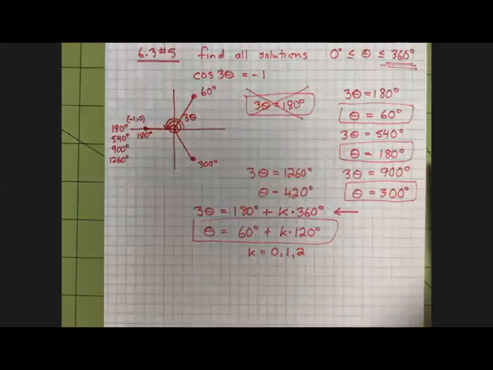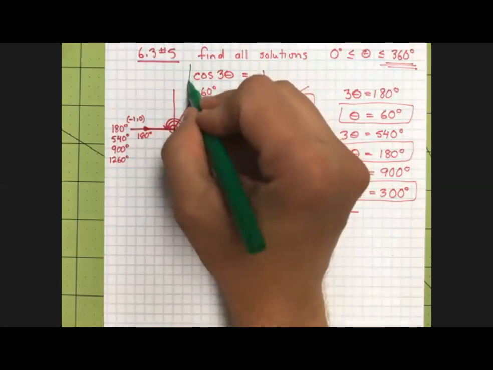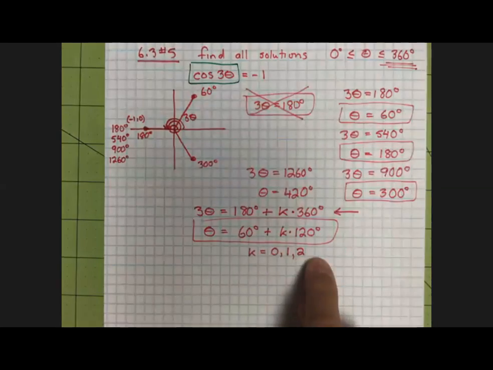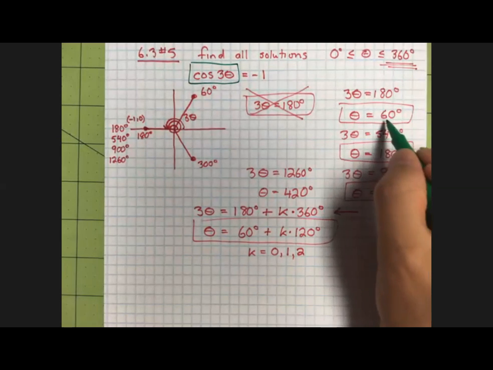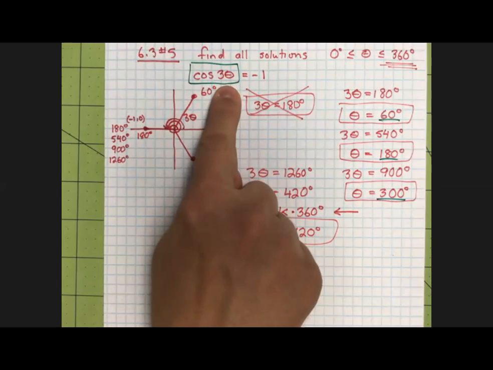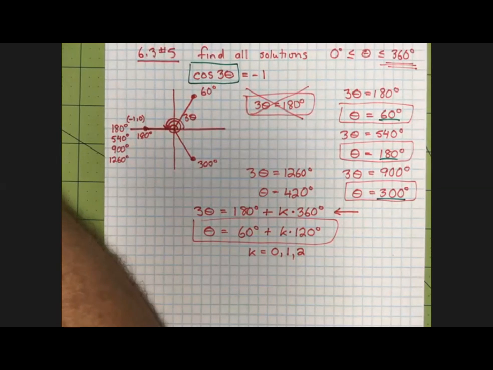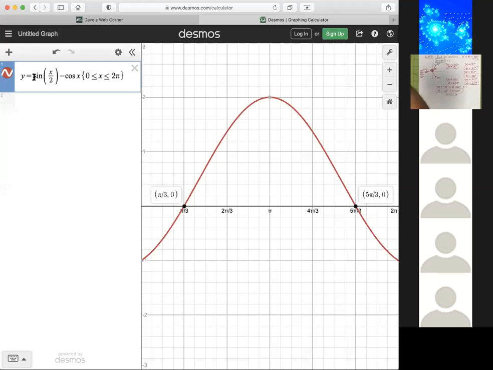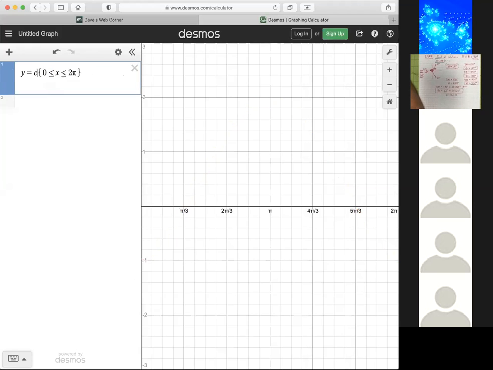Now, I do want to emphasize that I can still graph this and see those three answers, 60, 180, 300. So let's graph cosine of 3 theta. Back to screen. Cosine 3 theta.